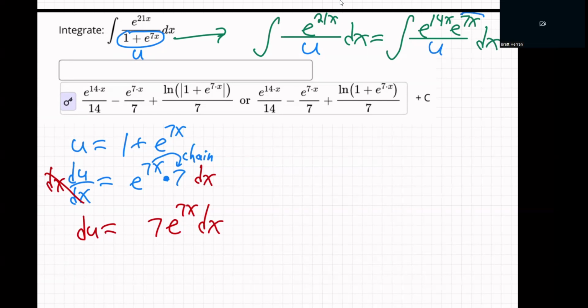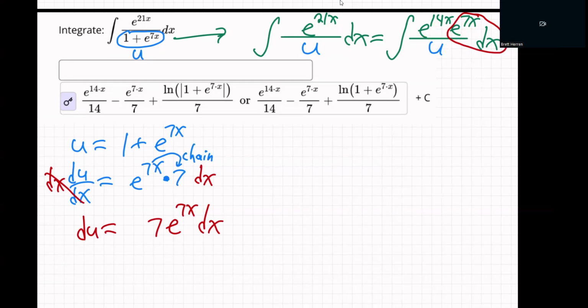Because I want to replace this part right here with this right here. See that? So I can do that legally because these add. 14x and 7x goes back to 21x. You can, right, powers add. When you have the same bases multiplying, the powers add. Remember that rule from pre-calculus?